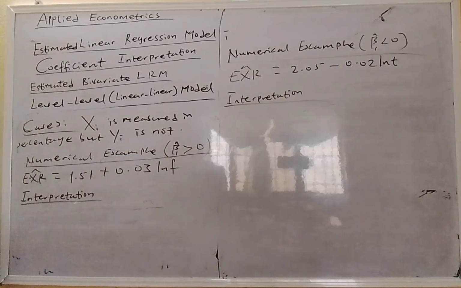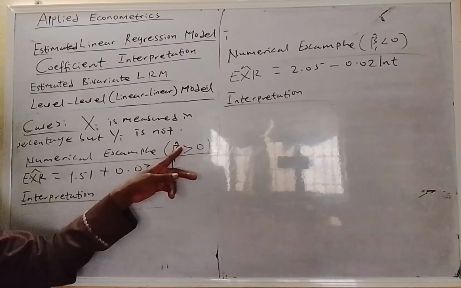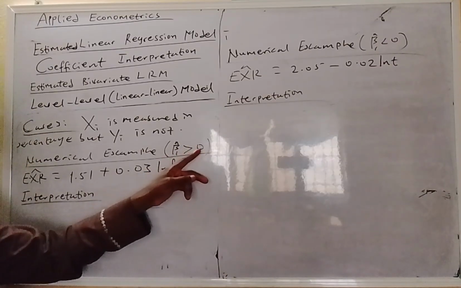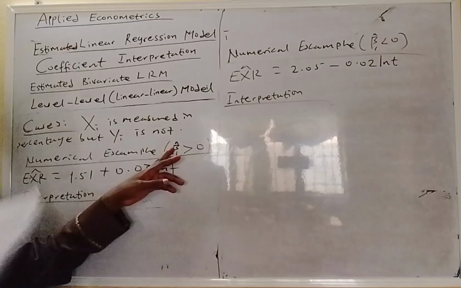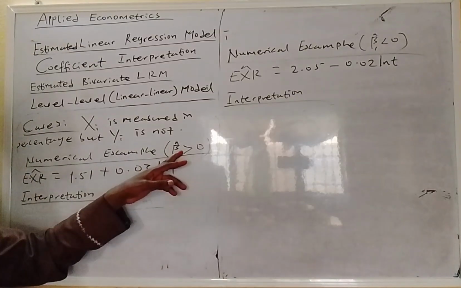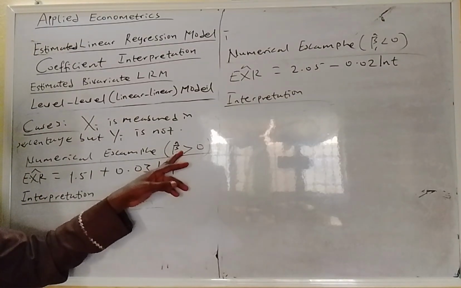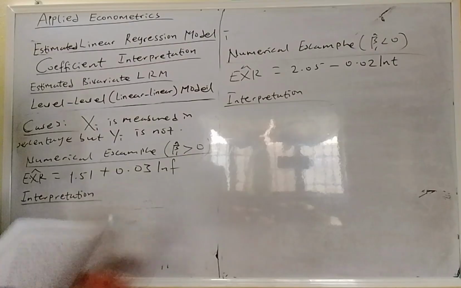This is a numerical example of a case where the slope, the coefficient, is greater than 0, that is, when the estimated beta 1 is positive.